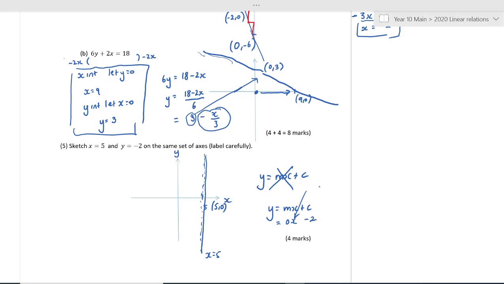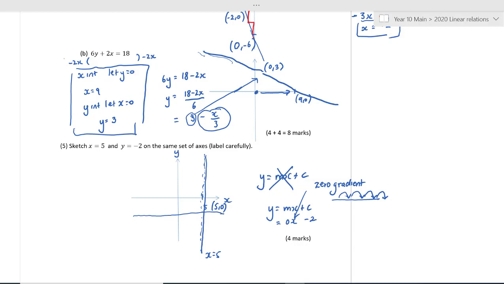If the gradient's 0, think about riding a bike with 0 gradient: you're riding on a flat surface, aren't you? There's no rise and no fall, just the run in this direction. So a gradient of 0 means a horizontal line, and let's do that.